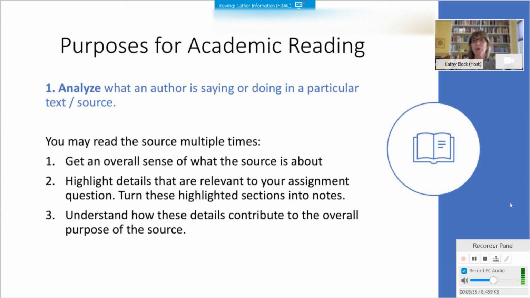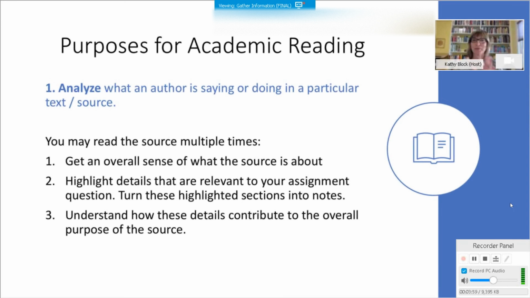Reading with your assignment question in mind, you can highlight the relevant details. I would also strongly suggest turning these highlighted chunks into your own bullet point notes. We'll talk about note-taking a little bit later. If the reading is short, you could even consider reading it a third time.